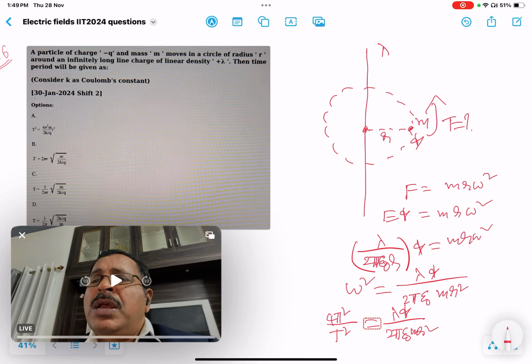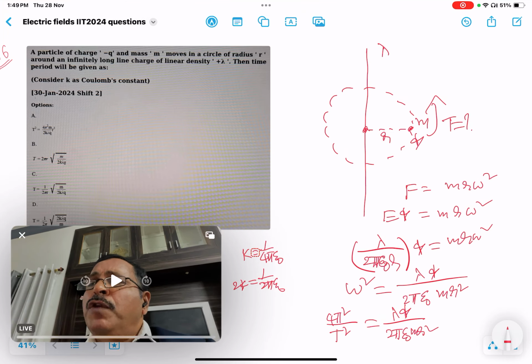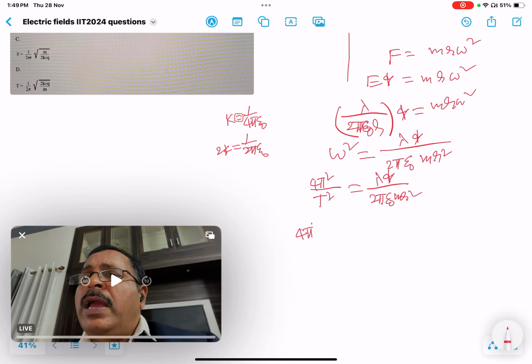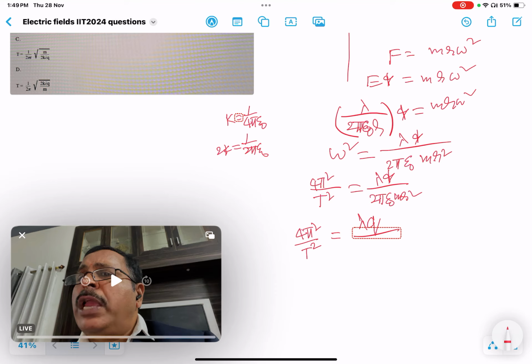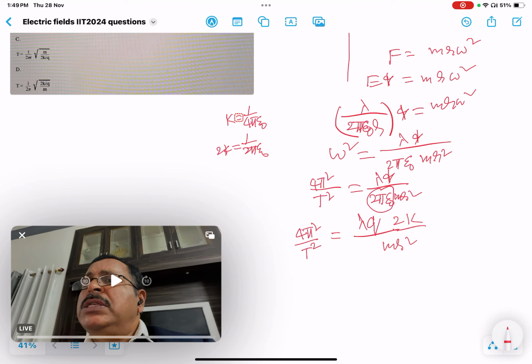My dear students, the k value is 1 by 4 pi epsilon naught, and 2k value is 1 by 2 pi epsilon naught. So if we substitute these two here, 4 pi square by T square equals lambda into q divided by m r square, where 1 by 2 pi epsilon naught is 2k.